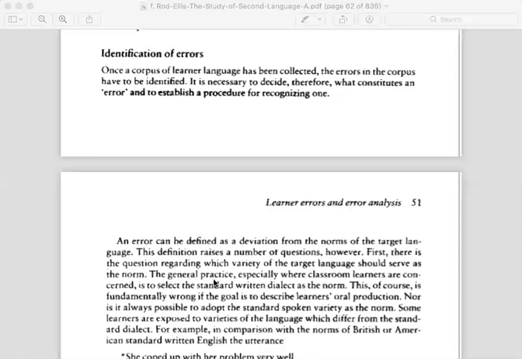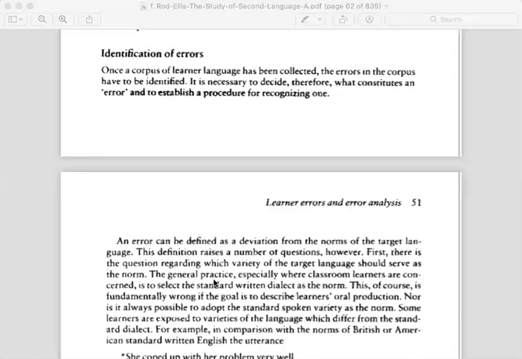So that is a mistake, and that is not an error. He does not need any help in correcting the mistake. He will self-correct it because he has the knowledge and he understands that he has committed a mistake.